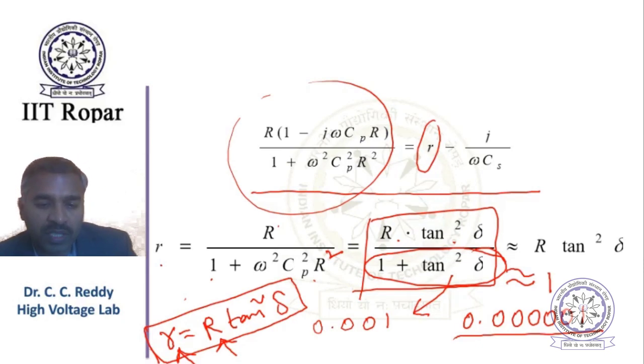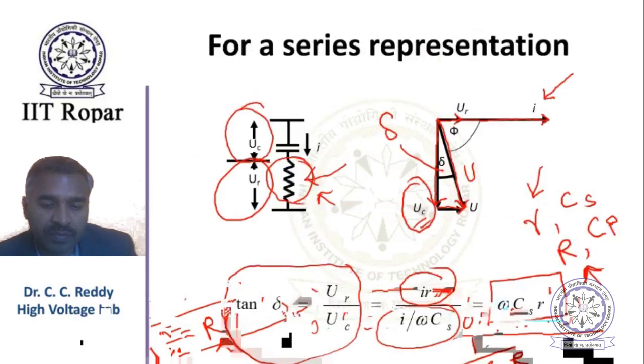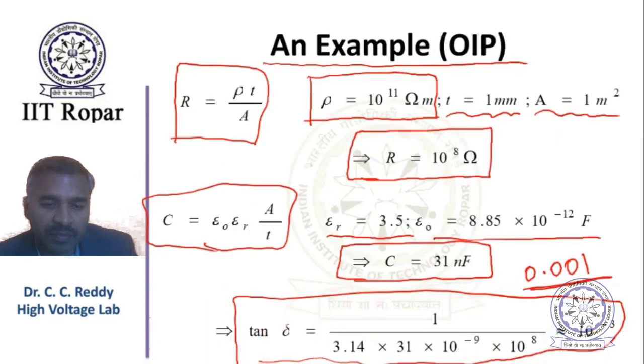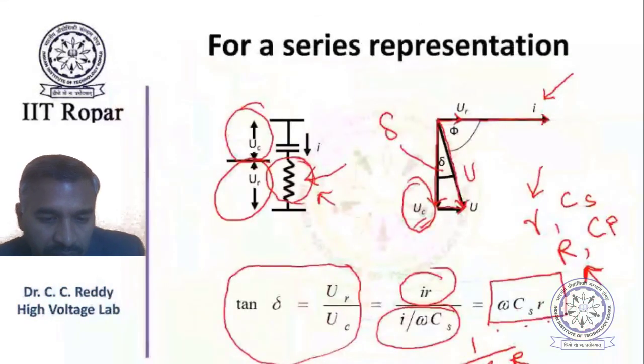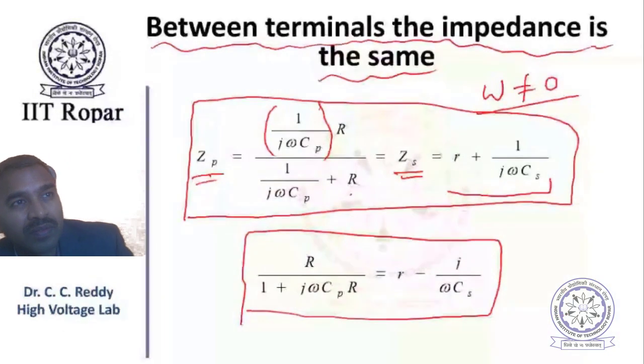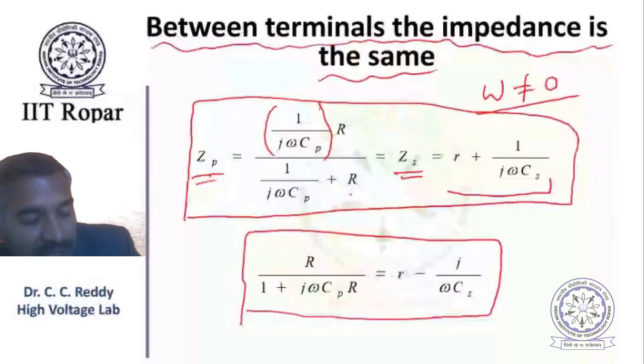Yeah, any other question? So if a void or hole or something is present in a dielectric, it also forms a resistive part. It also has a resistive part, it also has a capacitive part, yes.